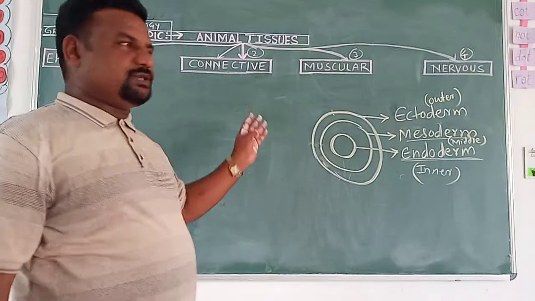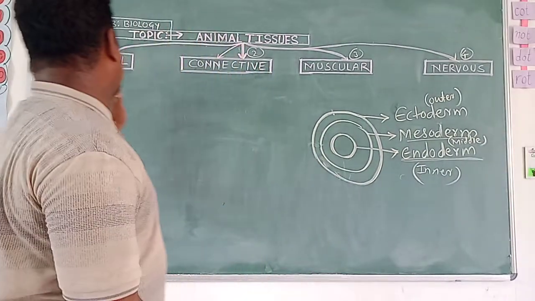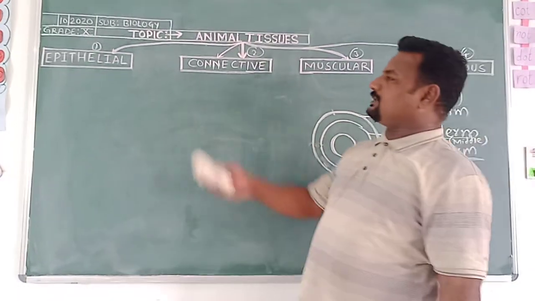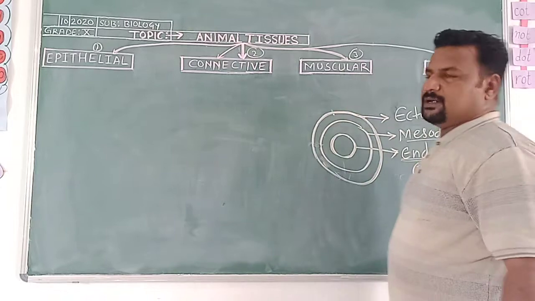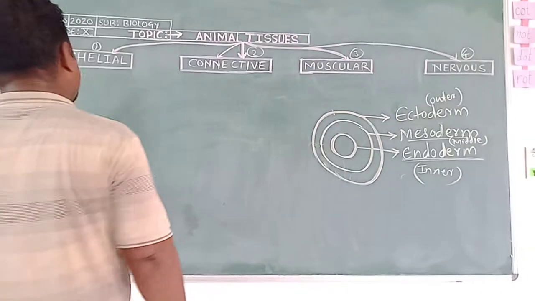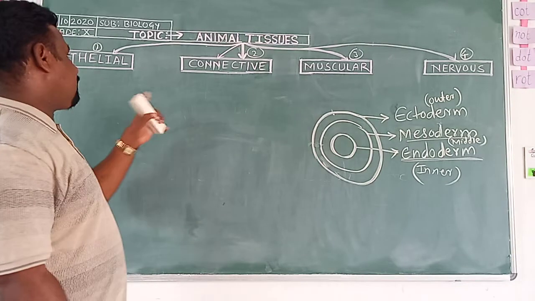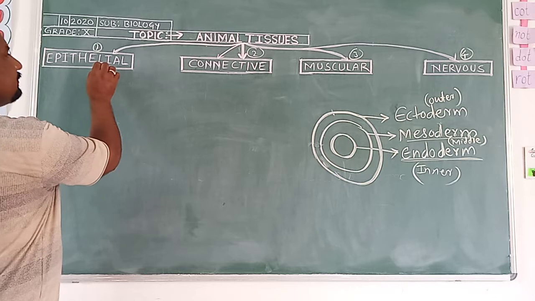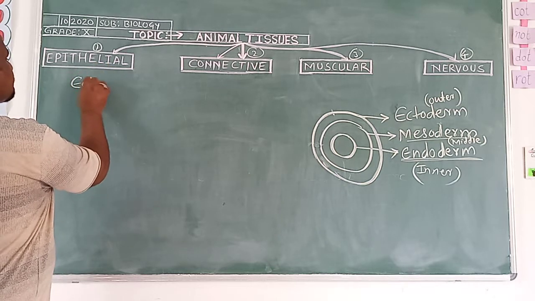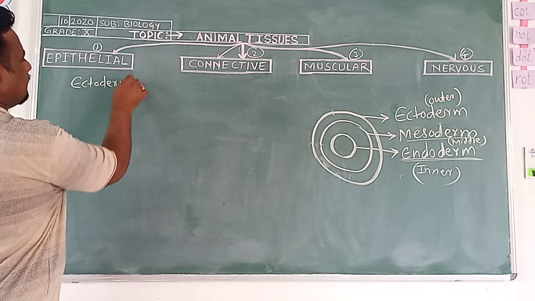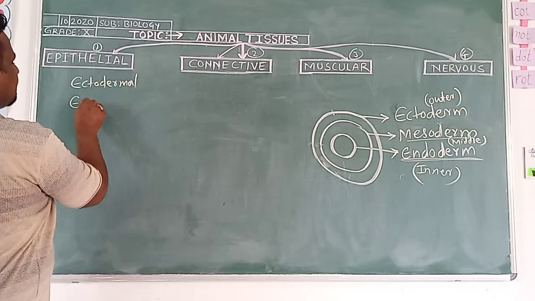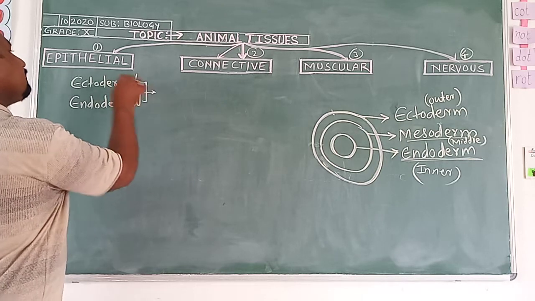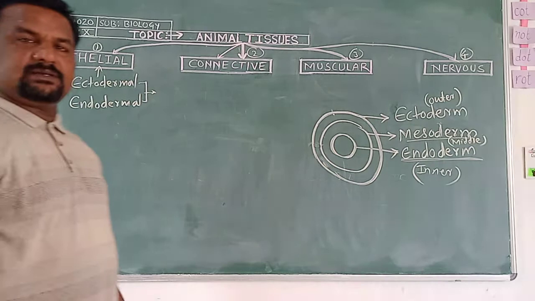So among animal tissues, how many types are there? Mainly they are classified into 4 divisions: epithelial, connective, muscular, and nerve tissues. Now, epithelial tissues are formed from which layer of the embryo? Ectodermal layer, as well as endodermal layer. Both layers are responsible for the formation of these tissues in animals.